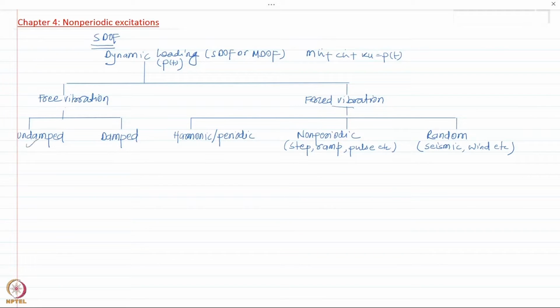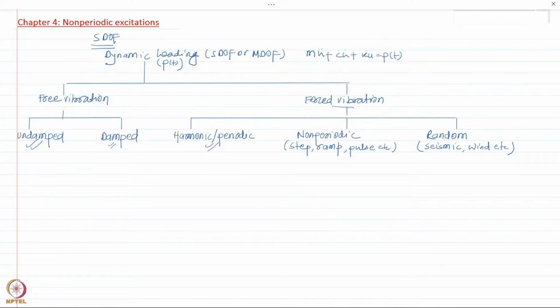In free vibration we first studied undamped free vibration and then damped free vibration. In forced vibration we studied the harmonic excitation or the periodic excitation. So till now we have finished up to this part here.